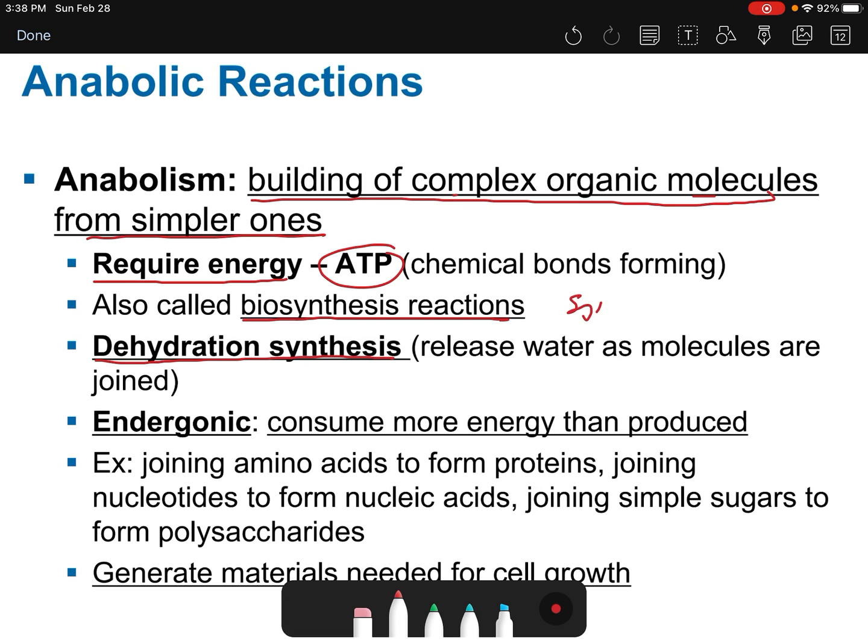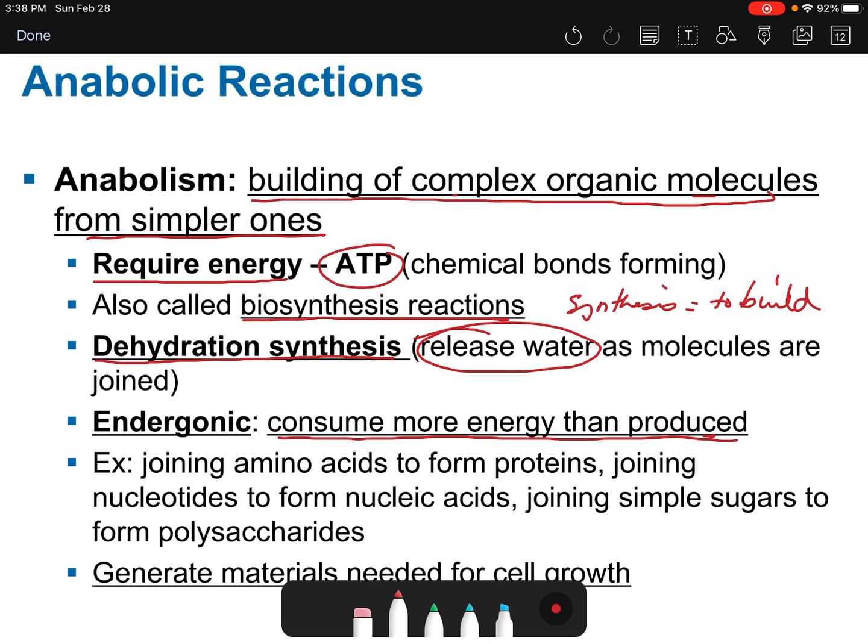Remember, synthesis means to build. So we're building a larger molecule from smaller ones. So in order to do that, we have to release some water, okay? Because we have to remove the H and OH ends off of the molecules that you're going to join together. These are endergonic because they consume more energy than they produce, also called endothermic reactions.